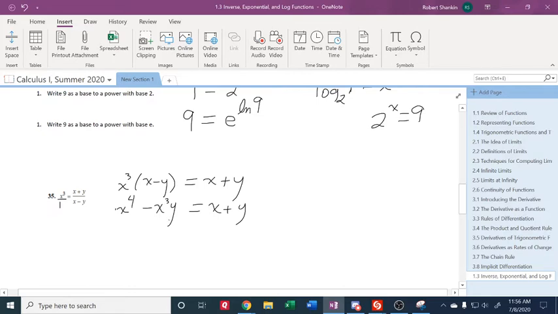Can I actually solve this thing for y? I think I could. I could put all the y terms on one side and all the other terms on the other side. So this one, I'm going to do it two ways. This could be very instructive. If I did it with implicit differentiation, let me show you what I'll get.